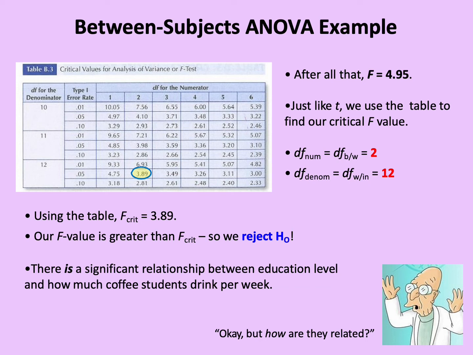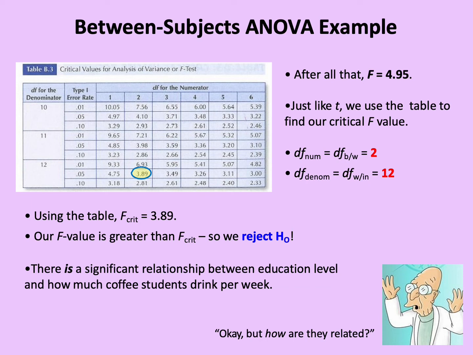So the degrees of freedom in the numerator is our between groups value, which is 2. And then we have our denominator value, which is 12, the within groups degrees of freedom.